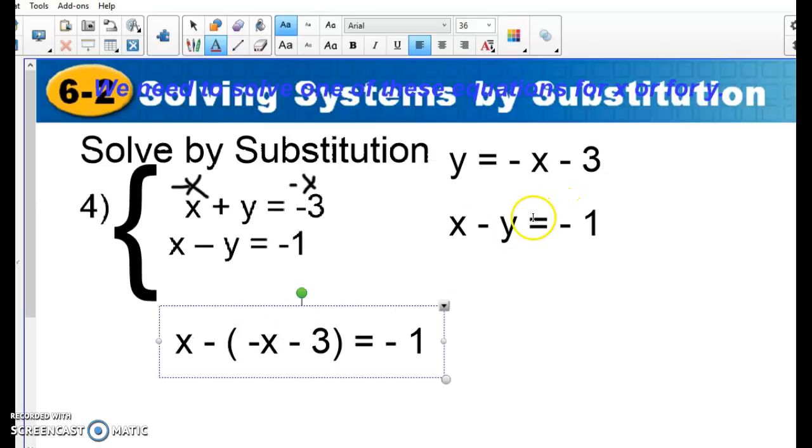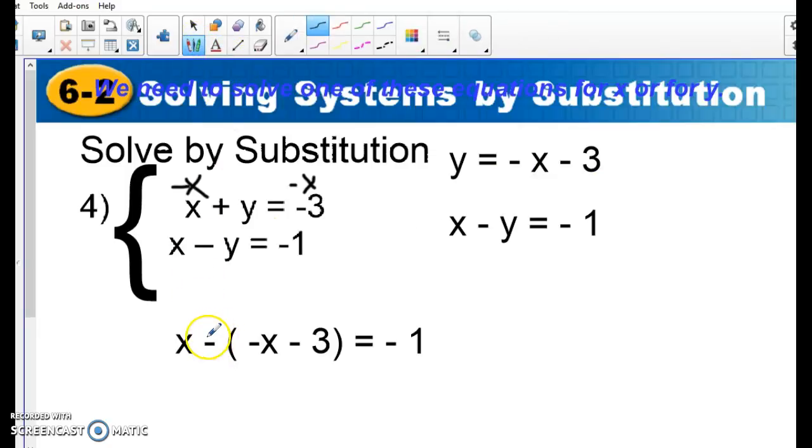Now I have minus minus, which makes plus, so x minus negative x gives me 2x. And then minus negative 3 gives me a plus 3. And it equals negative 1.